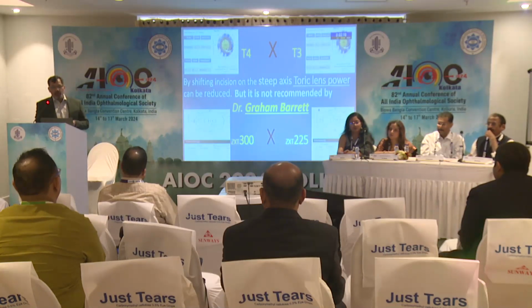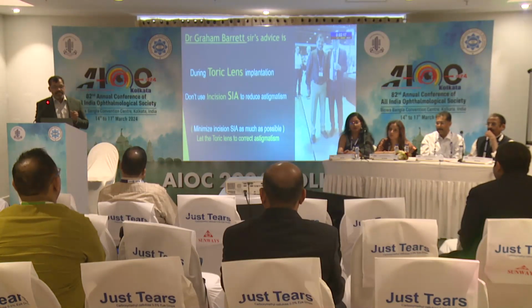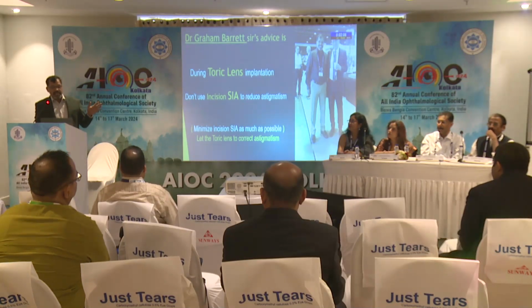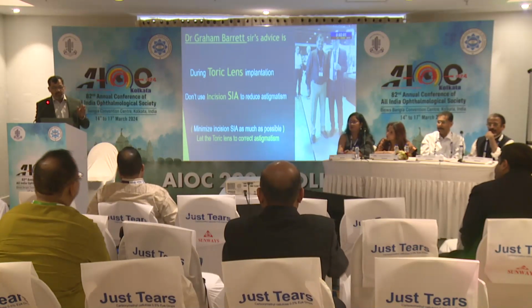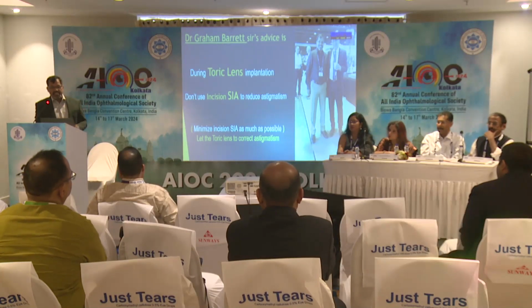But this is not recommended by Dr. Graham Barrett. He says that when you are implanting a toric lens, don't use the incision SIA to reduce the astigmatism. So don't go on the steep axis; do the OCCI or something else, so that some part of the astigmatism is reduced by the incision and some part by the toric lens. Let the toric lens correct the astigmatism.